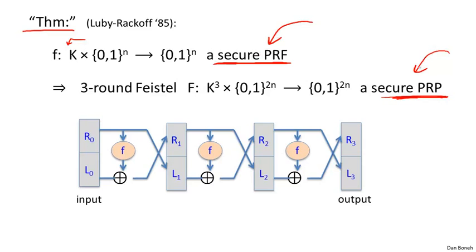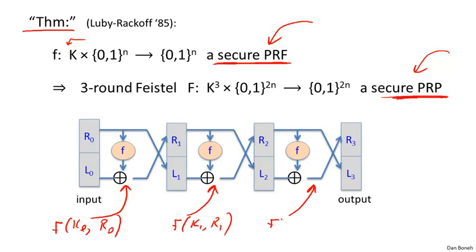Now let me explain in a little bit more detail what's actually going on here. Essentially, the PRF is used in every round of the Feistel network. Here what's computed is the PRF using one secret key, K0. Here what's computed is the PRF using a different secret key, K1, applied to R1.